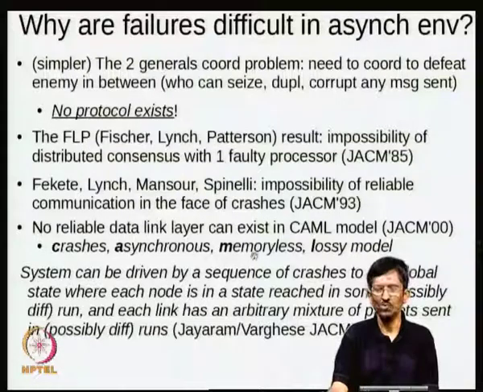There is no stable storage by which they can figure out what protocol step they were doing previously. If you are memoryless and lossy, meaning that I send some packet and it can be dropped, it turns out that there is no reliable data link layer that can exist in this model. So the foundation that we assume in an ISO stack, with a physical layer and a data link layer on top of it, is also impossible.